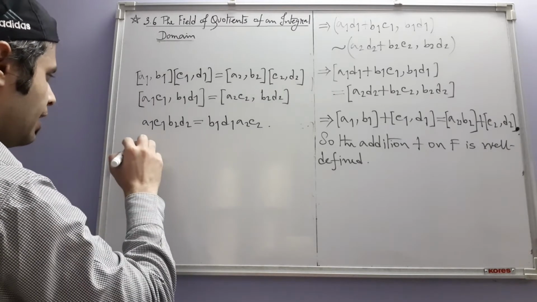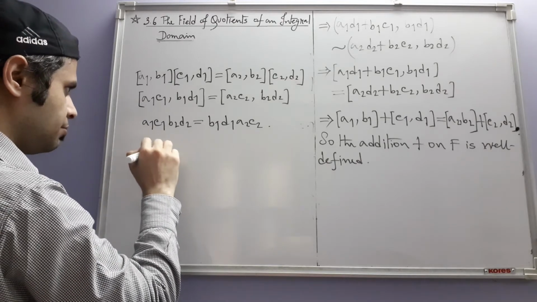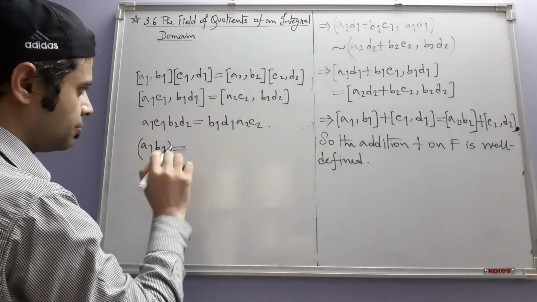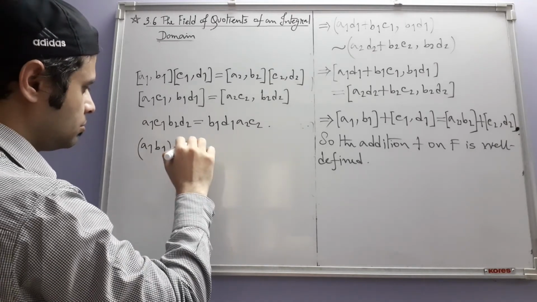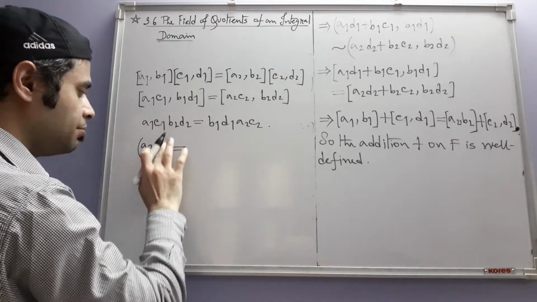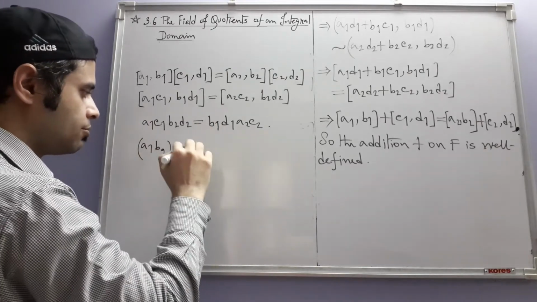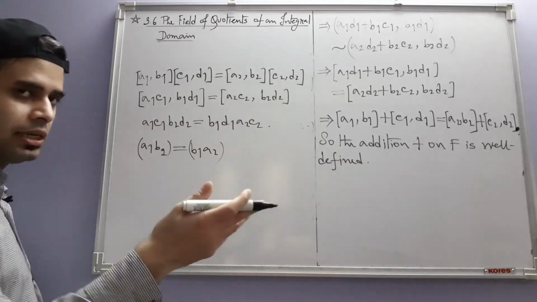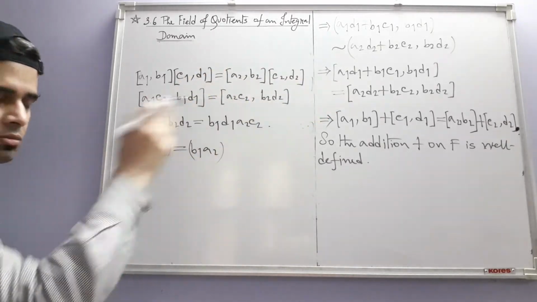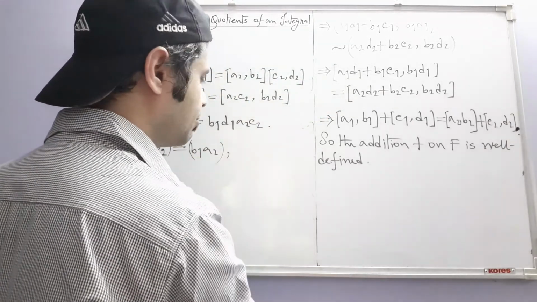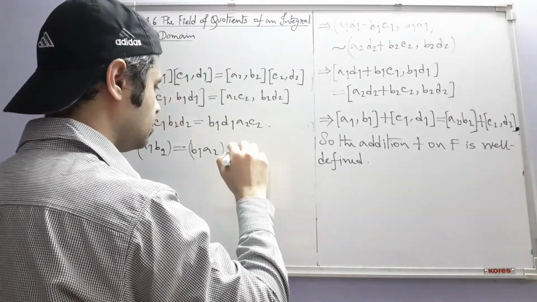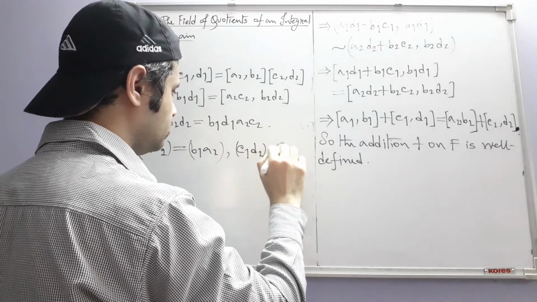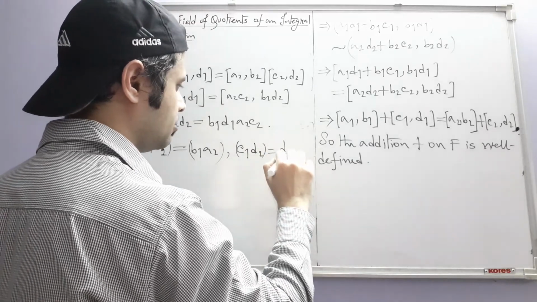Now yes, we have a1 b2 is equal to b1 a2. That we are having from the relation that we already have. Anyway, like that we have c1 d2 is equal to d1 c2.